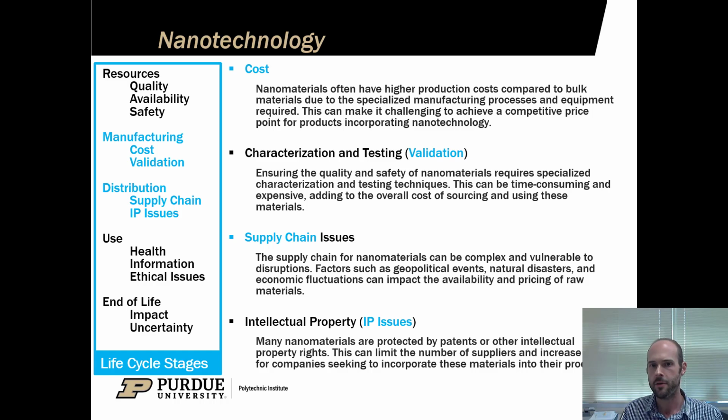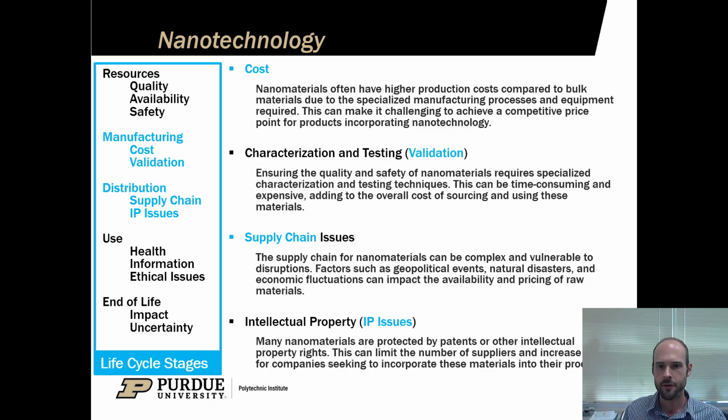A standard microscope is not going to be looking at nanomaterials. You need a scanning electron microscope. Highly trained staff. Characterization of these does involve more intense lab testing in cleaner environments, things like that. So overall, working in this area is a very high cost endeavor.